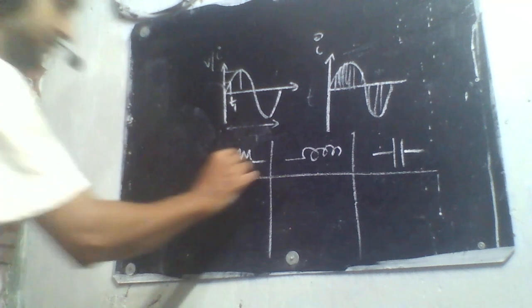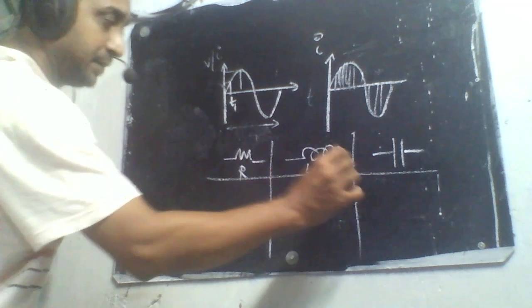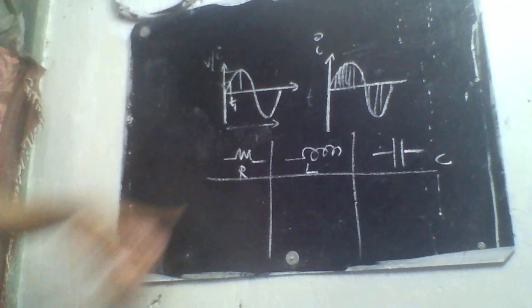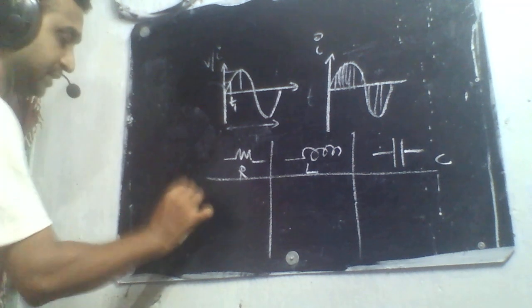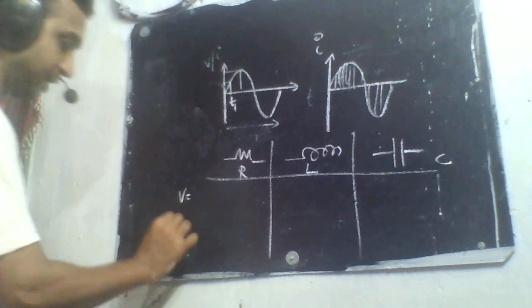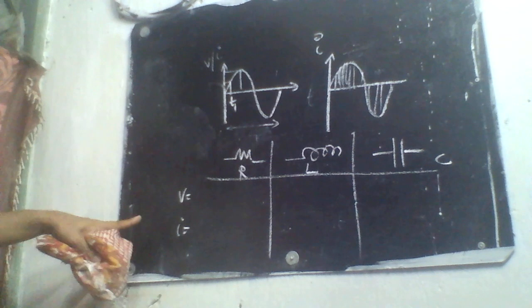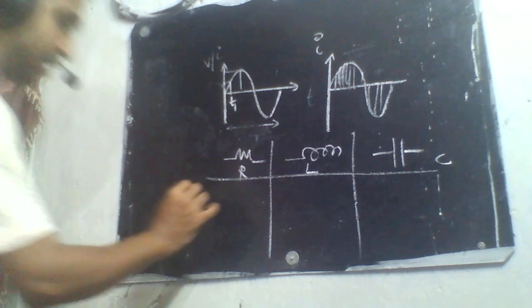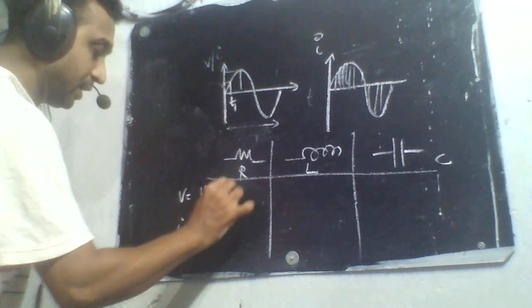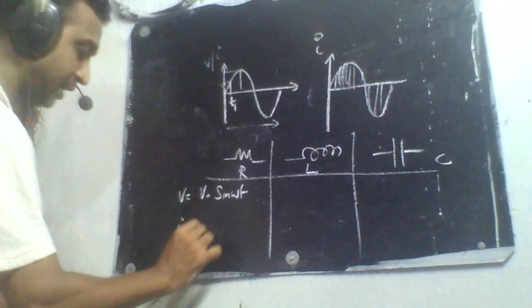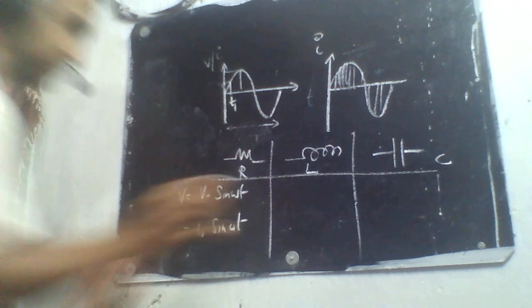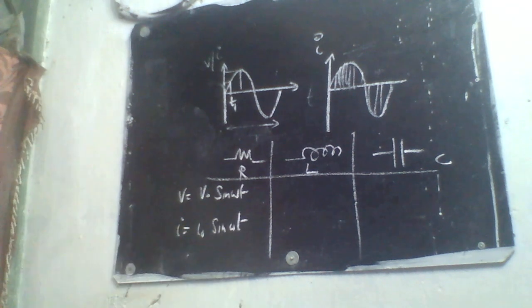In a resistor, shown by R, the applied AC voltage and the AC current are in phase. So V is equal to V0 sine omega t, and I is equal to I0 sine omega t. There is no phase difference.